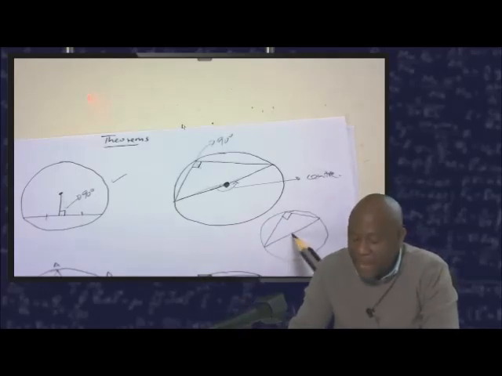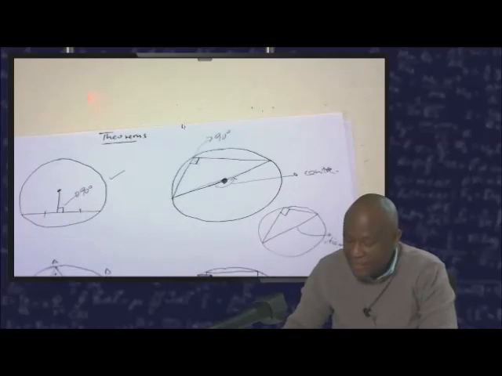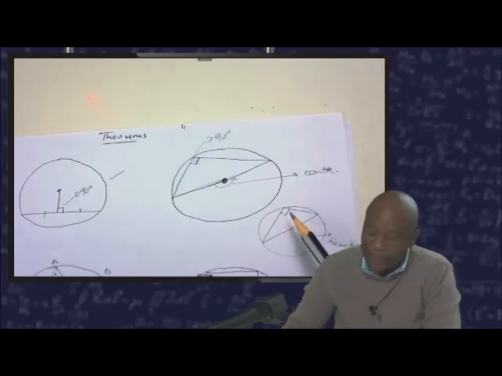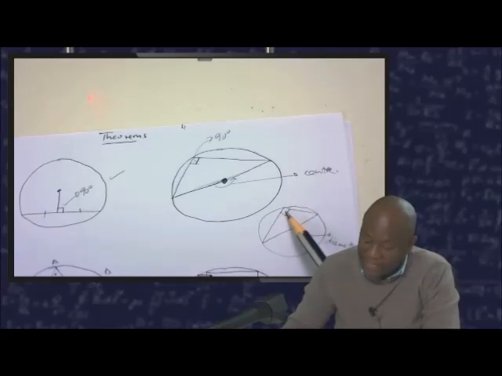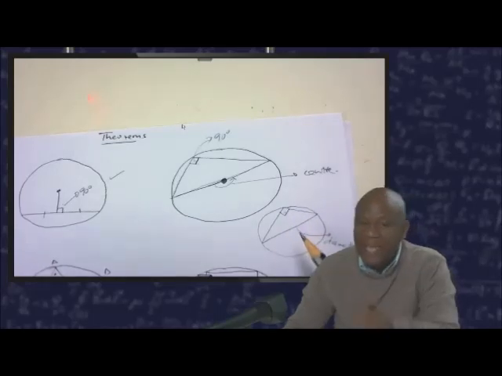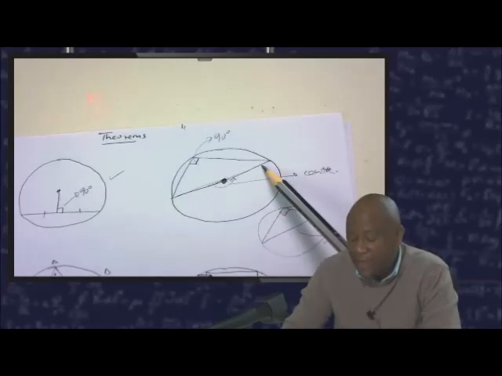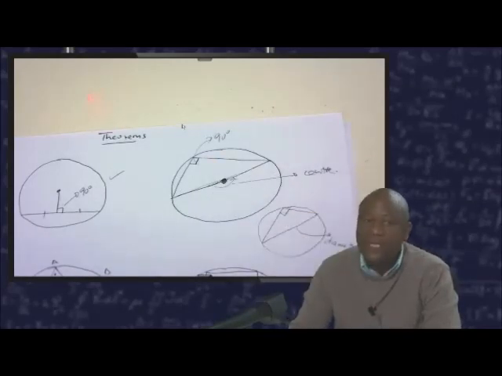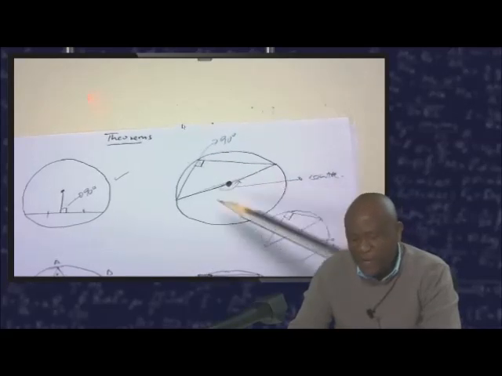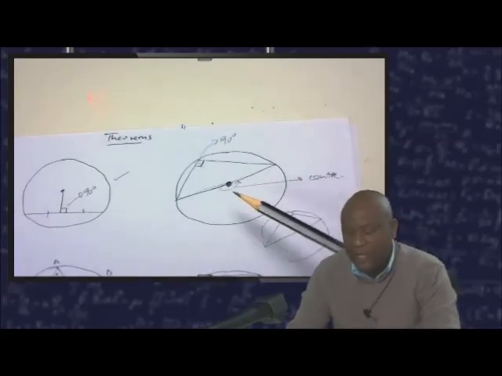It means that this line must be a diameter. Or if you are given that this line is a diameter, then we know that the angle there must be 90 degrees. Please be familiar with the diagram. It's very important for us to use it.